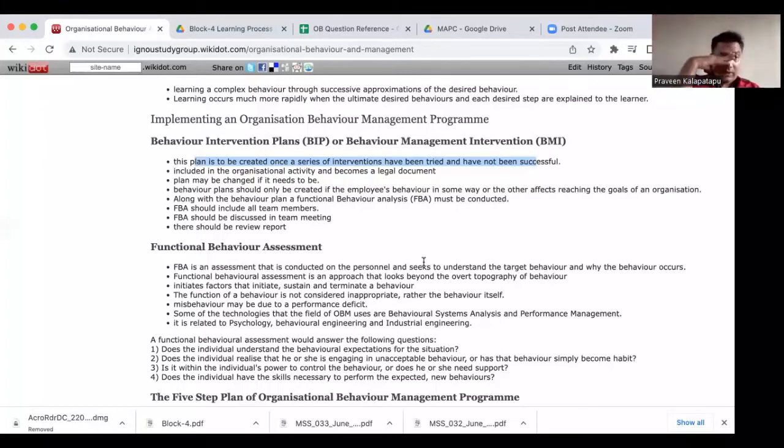So this comes when a series of interventions have been tried and have failed. Now you start to analyze how the behavior needs to be included in the organizational activity, and it becomes a legal document. It is procedural in nature and very much legal as far as the entire organizational activity is concerned. The plan may be changed if it needs to be.